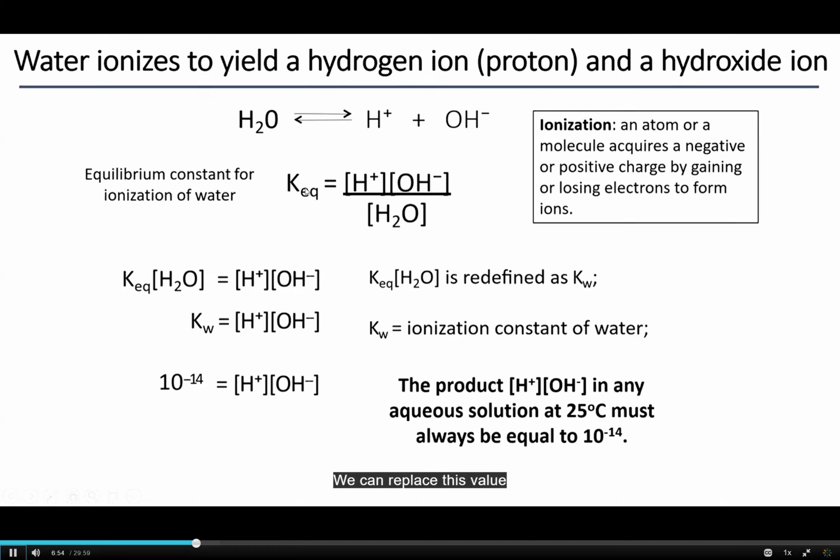We can replace this value with a different value called the ionization constant of water, which is specific to water itself. Without getting into the derivation of these equations, that value is 10 to the minus 14. So the product of the hydrogen cations and the OH anions together in aqueous solution must always be equal to this value. And it's this that defines what's called the pH scale.